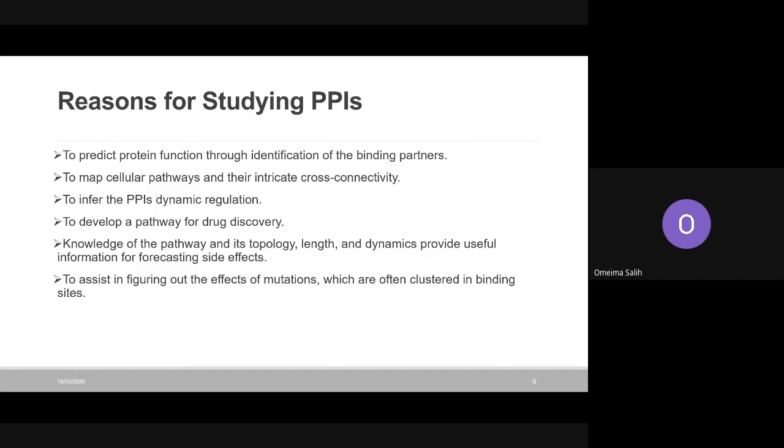Even if you know the function of this protein complex or these interactions, you need to know how dynamic it is, how it processes its function. Is it a continuous function? Is it transient? Is it permanent? Is it once and in a specific process?